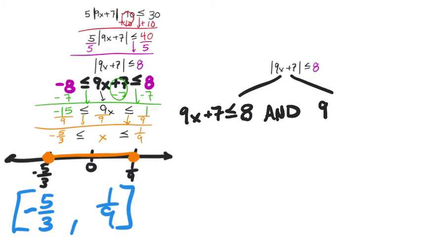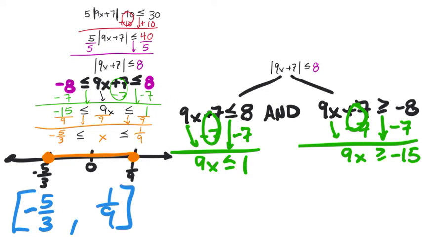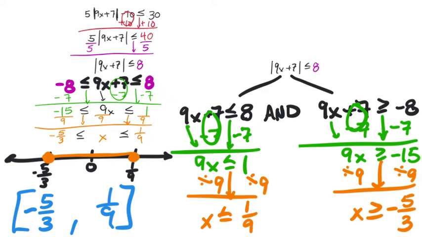But the other one, 9x plus 7, would be compared with negative 8, and then it flips the inequality. Then we can solve these 2 inequalities with the principles of equality. You see we get the same answers here, but if you're going to do it this way instead of the 3-part compound inequality, just make sure you put the word and between the 2 inequalities.